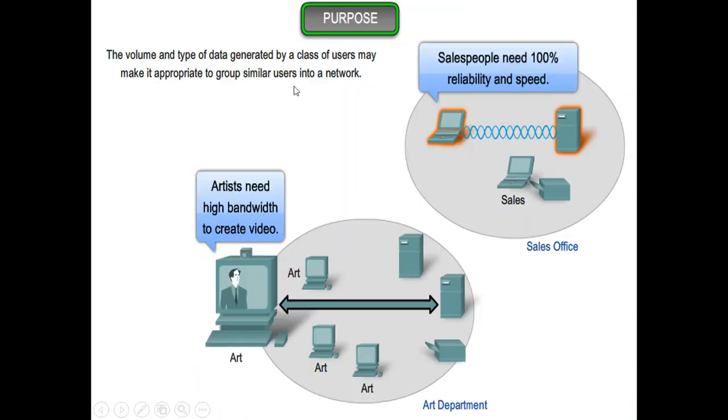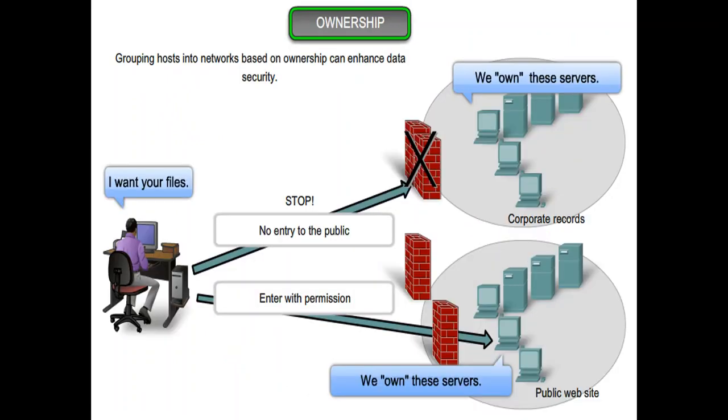Then we will divide the network through purpose, so you may have artists in one network and salespeople in another. We might have a different group of people like students, lecturers, and so on. Sometimes they divide the networks like this, and this is for those who do network management. In the next semester, we're going to look at the whole concept of subnetting and putting these into different networks. And then we have ownership.